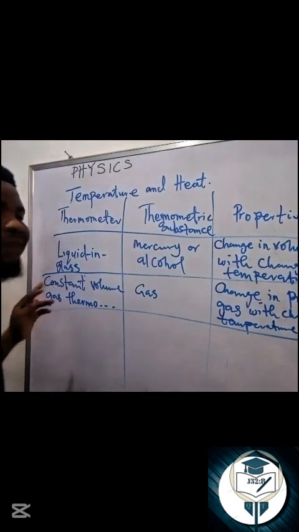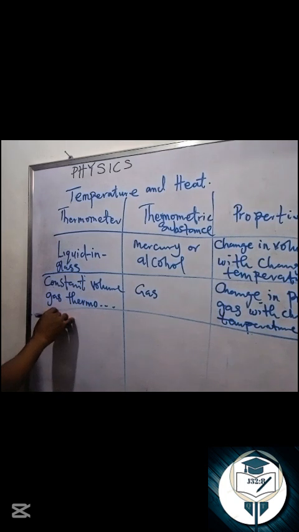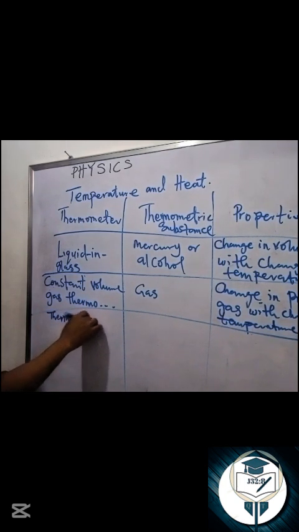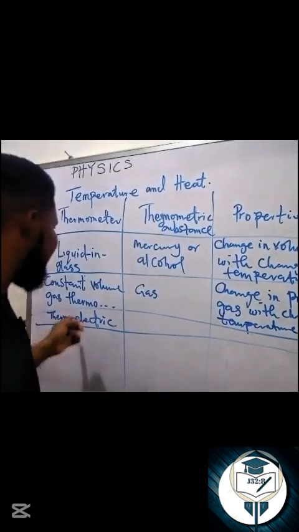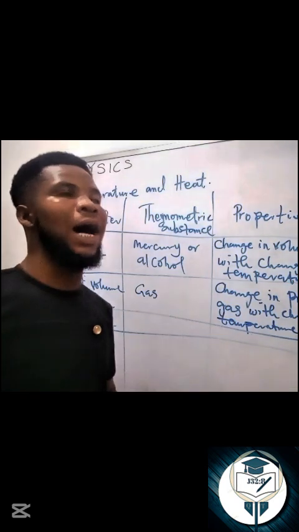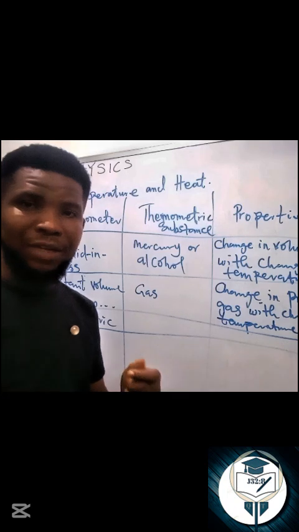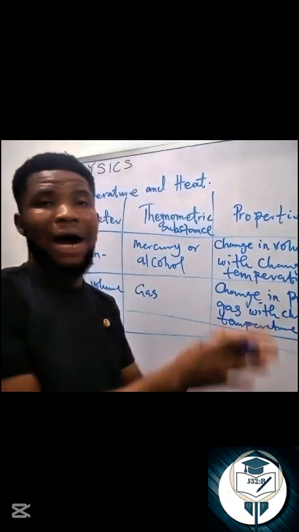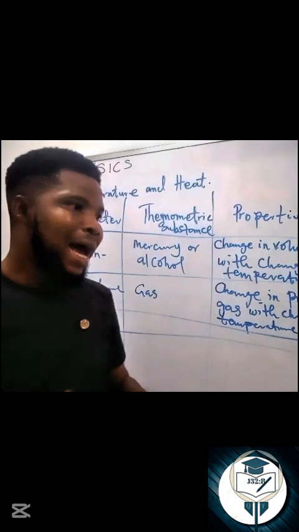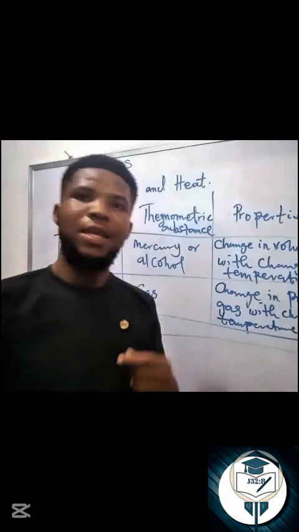So now we have another one, the thermoelectric thermometer. What is in this thermoelectric thermometer? You have two different wires or metals, for example copper and zinc. If the junctions are at different temperatures, maybe one in ice and one in hot water, it will set up a potential difference.